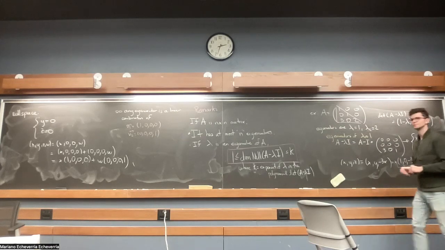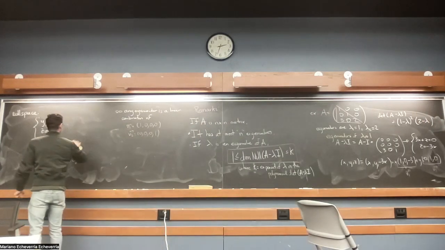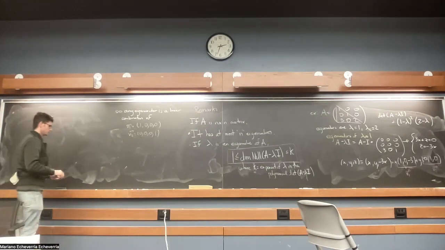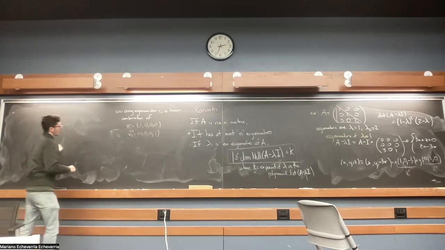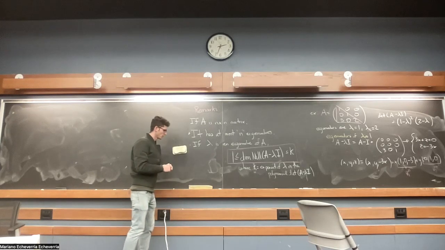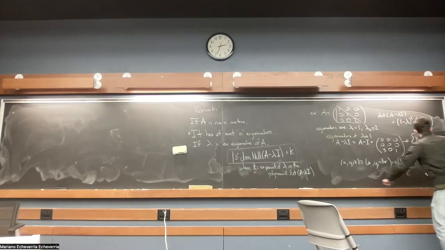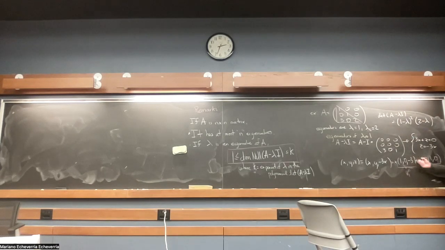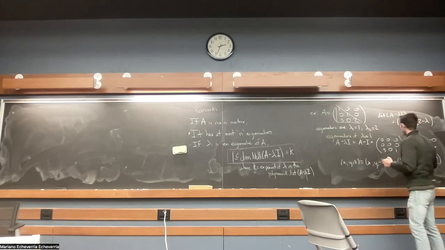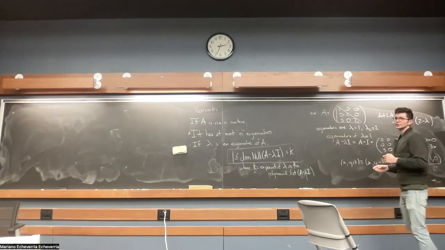Is that making sense? So any eigenvector is a linear combination of B1 and B2, right? My point is that there could have been at most 2 in this linear combination because the exponent was 2 here.